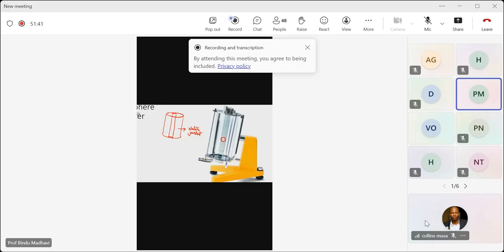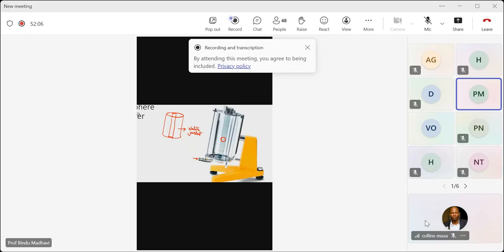So to avoid that, the liquid whose viscosity we are measuring is surrounded with a water jacket and the temperature surrounding the liquid is maintained at a constant value. So we are not allowing interference of temperature during our measurement.